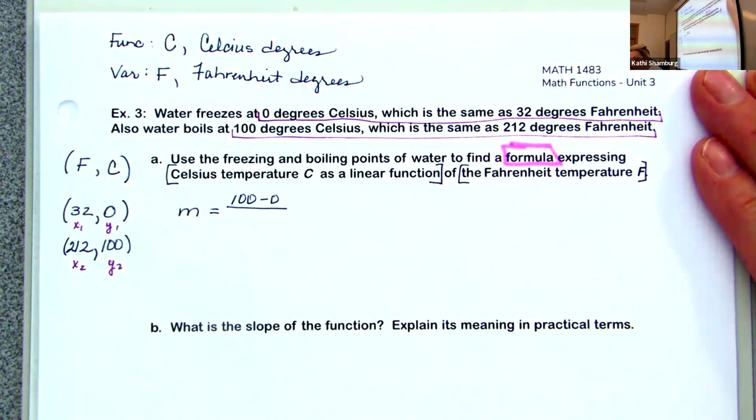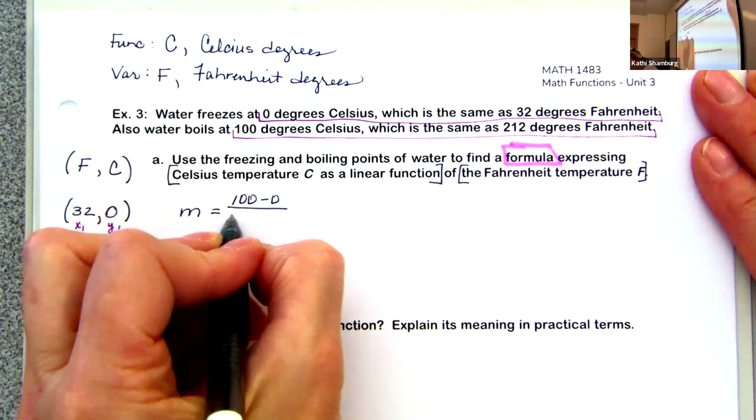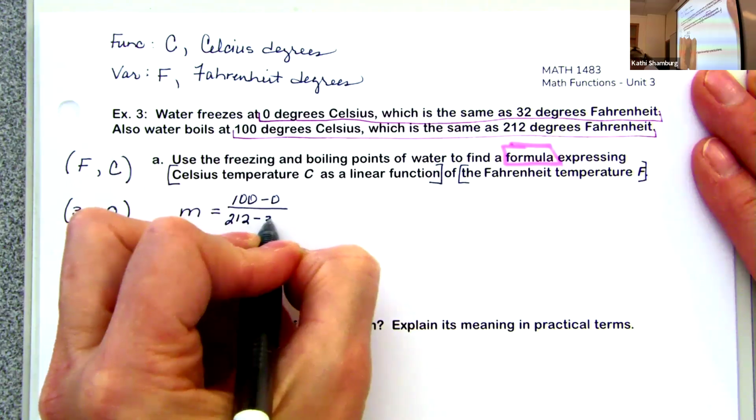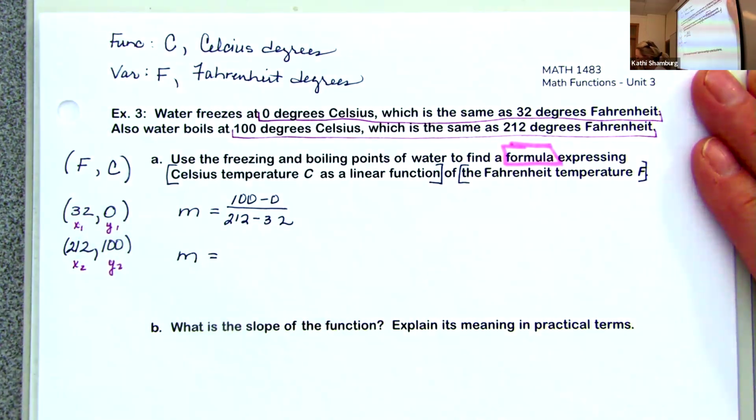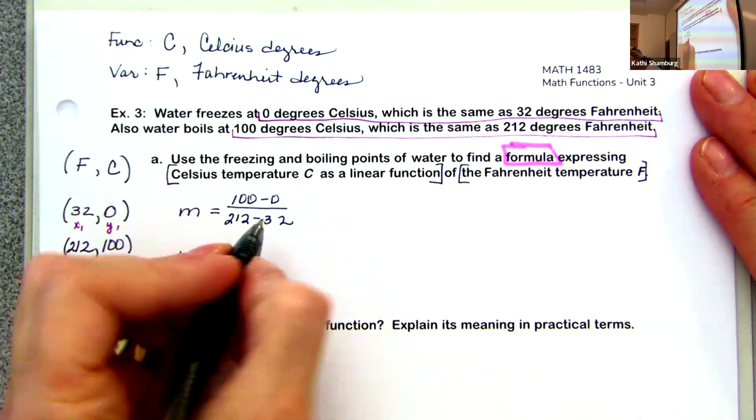The difference in x's, 212 minus 32. So calculate that. If it isn't terminating, give me normal rounding, 2 decimal places. 0.56.